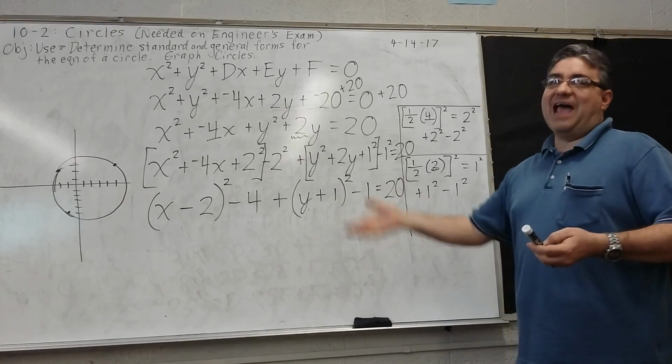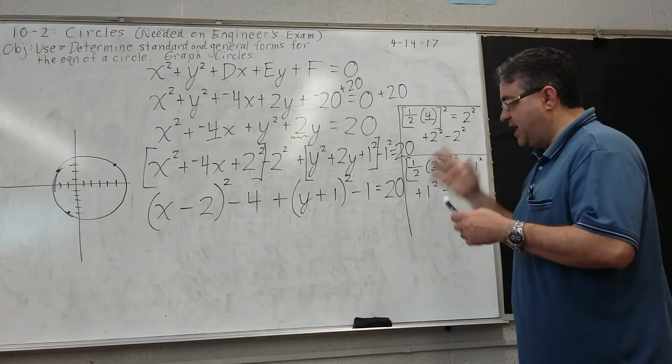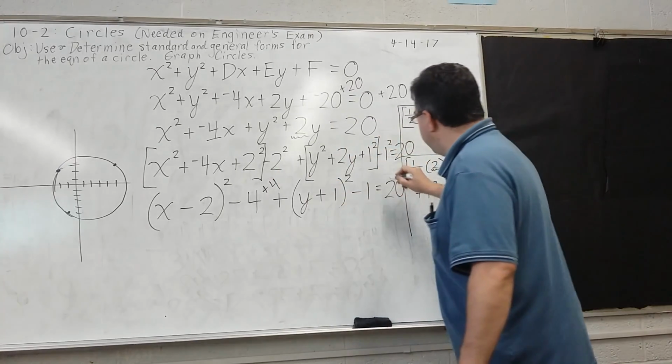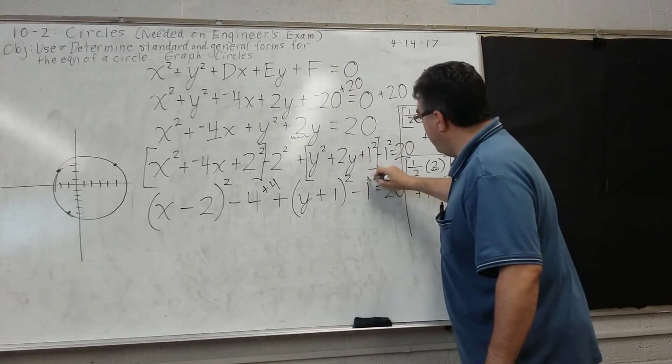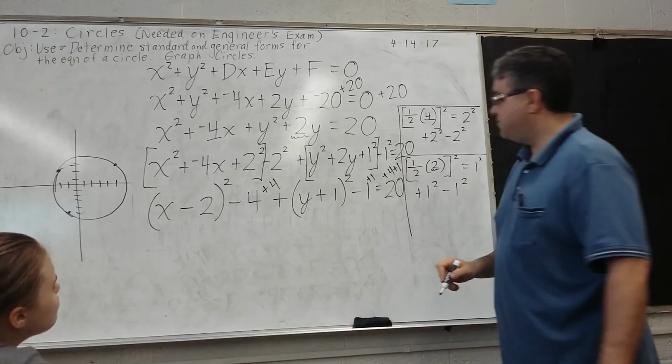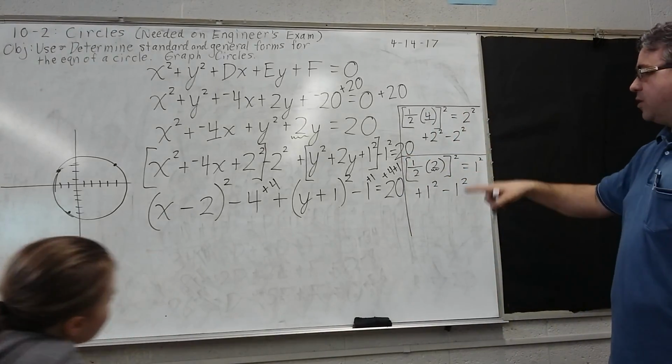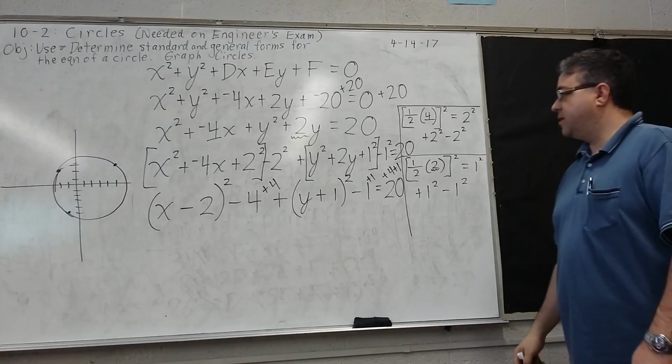And all we do is add them in now that we've dealt with completing the squares. So add 4 to both sides, add 1 to both sides. That way I'm getting rid of the minus 4, getting rid of the minus 1.